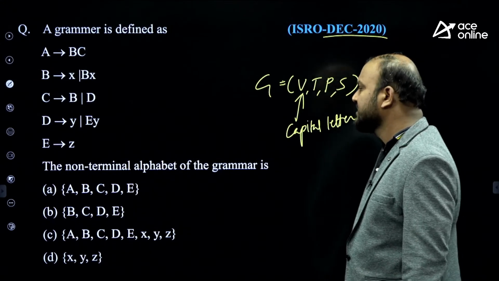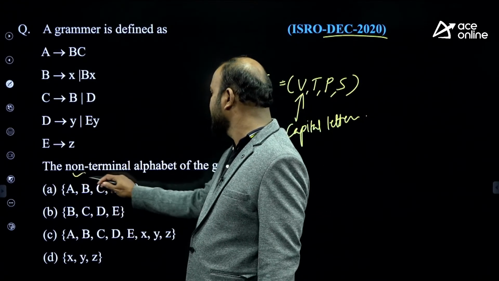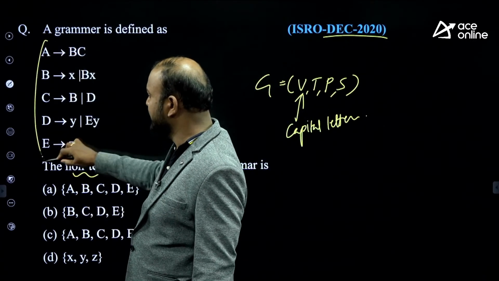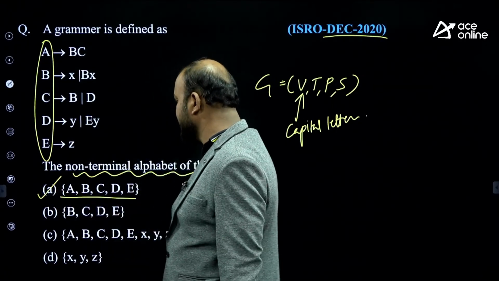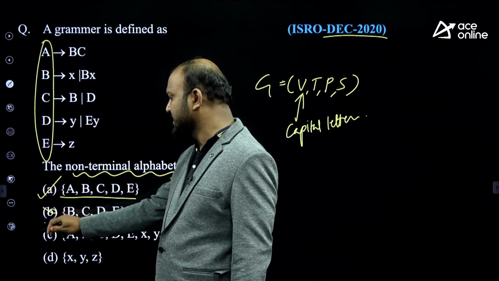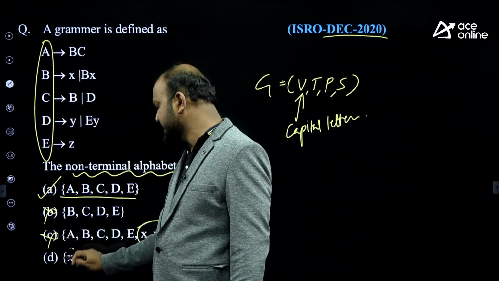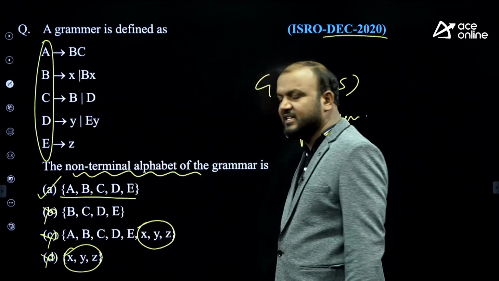See, what are the capital letters of these productions? The non-terminal alphabet of the grammar. What are the non-terminals? A, B, C, D, E. Remaining are terminals. Here it is given B, C, D, E, not mentioning A, incorrect. Here terminals are also mentioned, incorrect. Here only terminals are mentioned, incorrect. The question is non-terminals of the grammar: A, B, C, D, E.